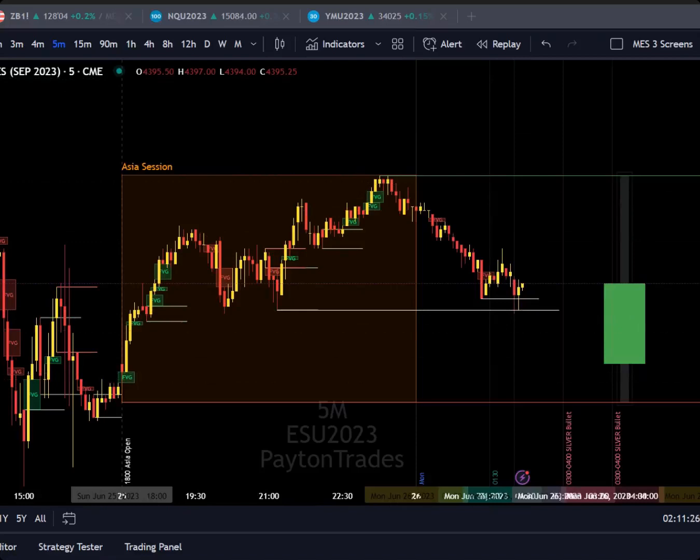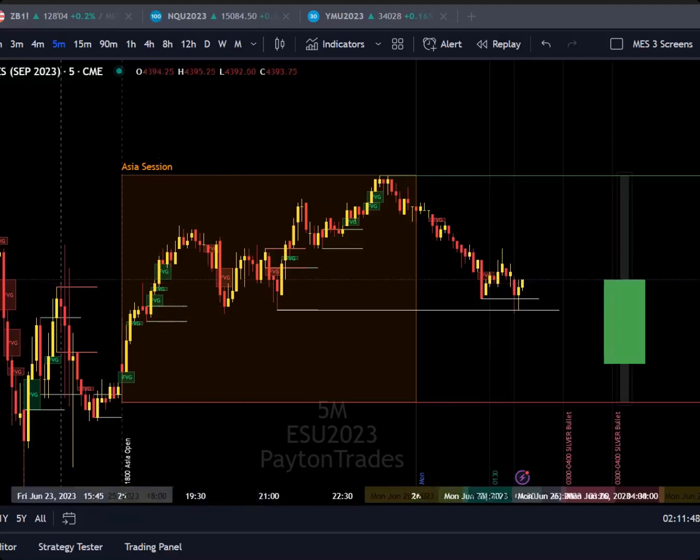Monday traded basically in a straight line, came down on Tuesday, traded lower on Wednesday, which is this, lower still on Thursday, and lower on Friday. So price is trading lower right now.